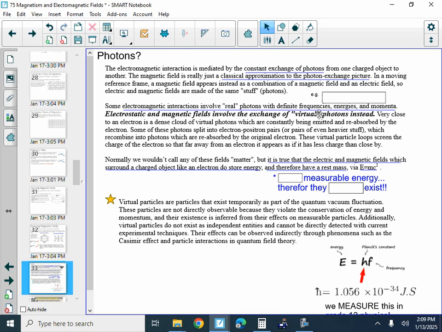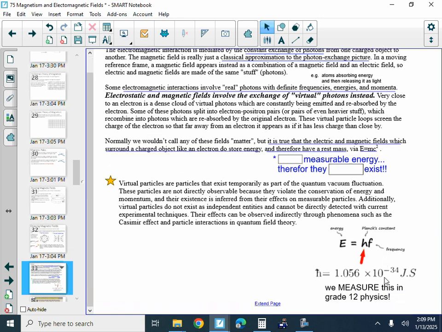We have these virtual photons going back and forth. Sometimes we know real photons are involved in an electromagnetic interaction, like if an atom absorbs energy, then it can release a real photon as light. The photons in magnetism are what's called virtual photons. They always exist in pairs, and they can only exist for a short amount of time.